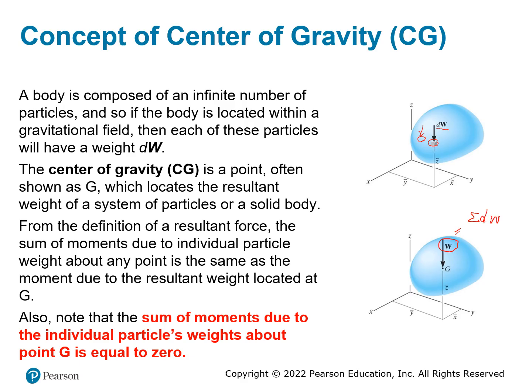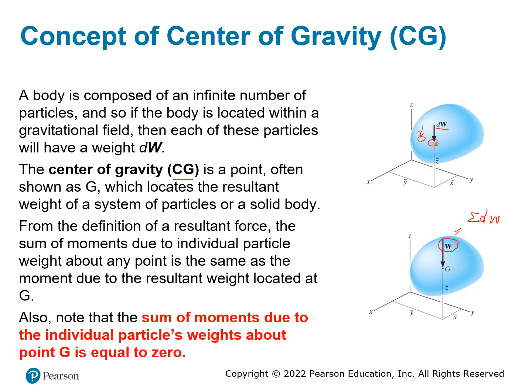But this part is simple, right? You just sum them all together. The hardest part is where the location is. Where's the location if I just want to represent everything as a single point? And that single point is called the CG, the center of gravity.